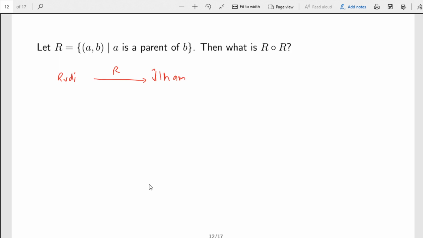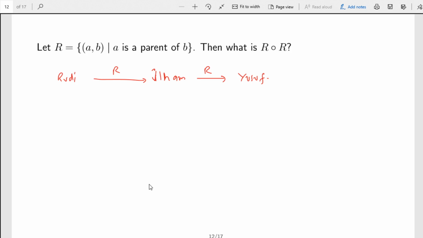Now say Ilham is a parent of, suppose he has a son called Yusuf. If Ilham is a parent of Yusuf, then Ilham is related to Yusuf by R, right?